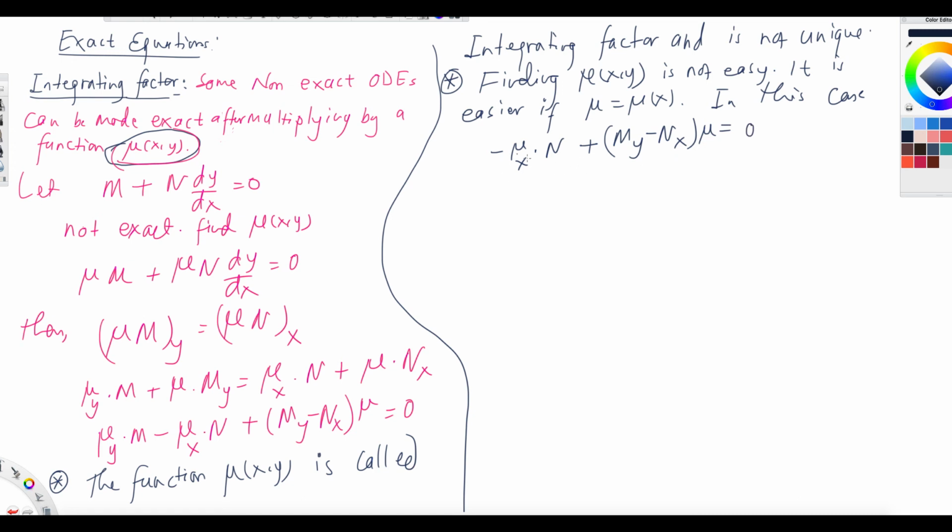So if you solve this for mu sub x, you just move this to the other side, you get a negative sign, cancel that negative sign and divide by N. So you'll get mu sub x, that is the partial of mu with respect to x, equals (M sub y minus N sub x) over N, times mu.